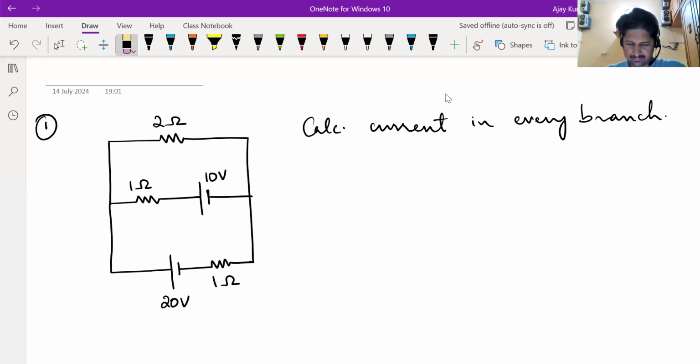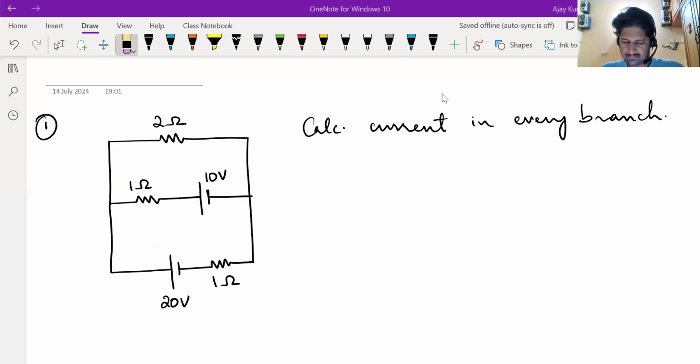So how shall we begin? Can you tell the direction of flow of current in any branch for sure? Just by looking at the circuit, can you tell the direction of flow of current in any of the branches?